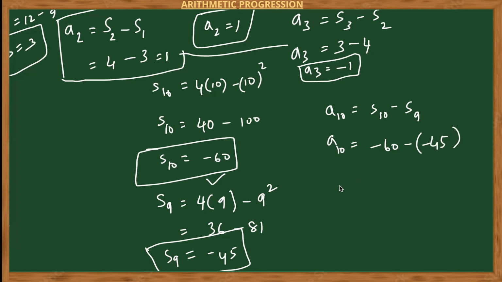So a10 is equal to minus 60 minus of minus 45, which becomes plus 45. So minus plus, it becomes minus 15, a10.